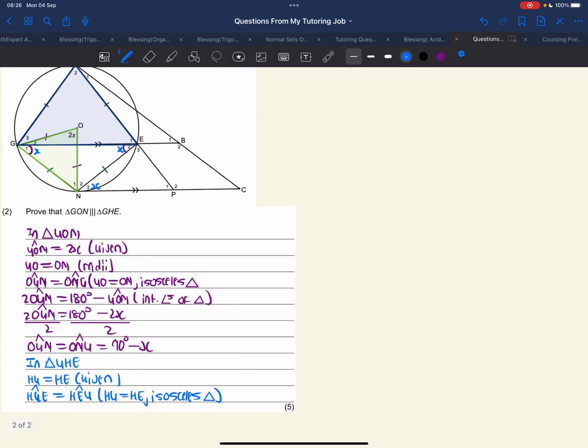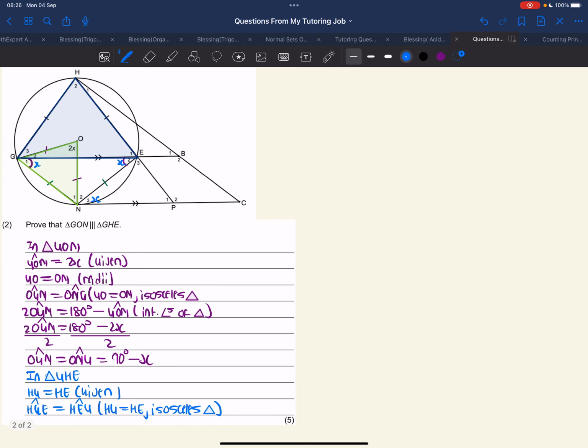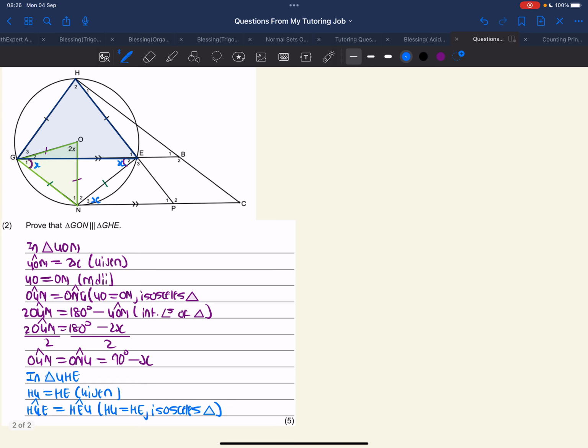To find angle GHE, or angle H2, we need to know the angle N1 plus N2, and then we use the property of opposite interior angles of a cyclic quad, which add up to 180 degrees.